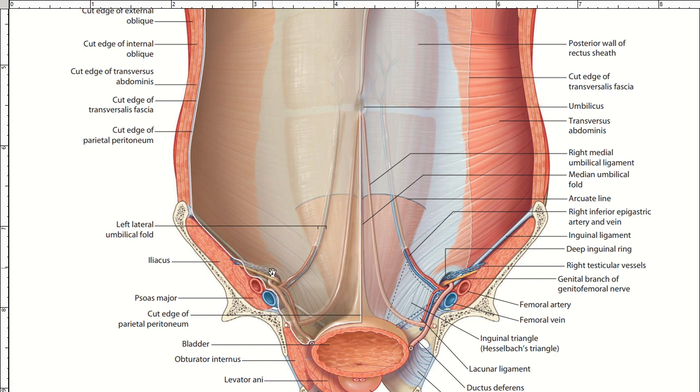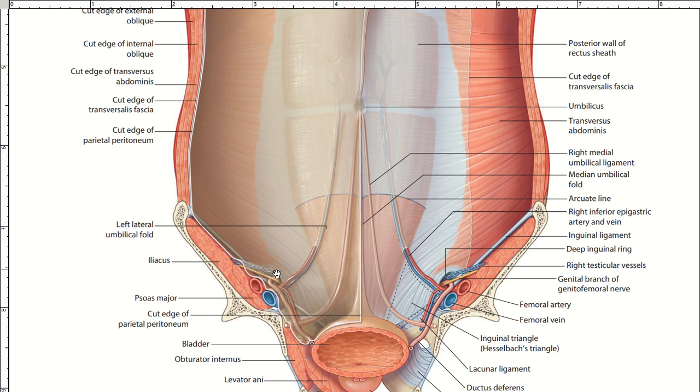This is your deep inguinal ring, and this is your lateral umbilical fold made by the inferior epigastric artery. It is lateral, not medial, right? And we said it is a common site for indirect herniation. We are going to have a video on herniation very soon, right? So back to our business.